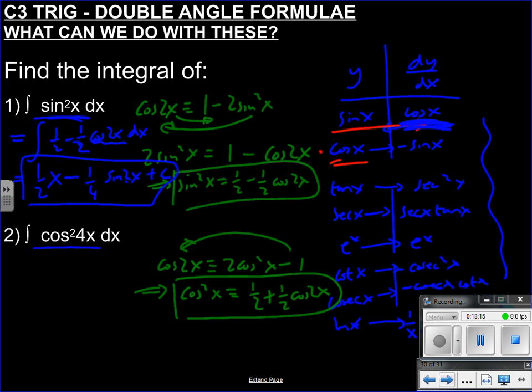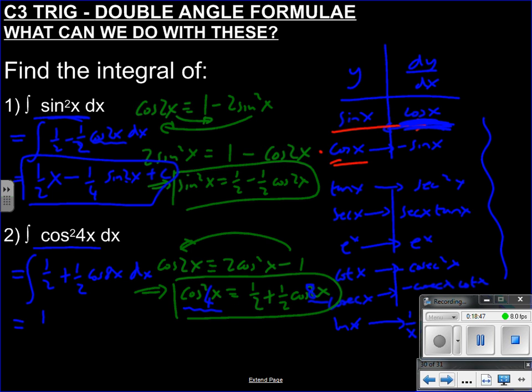Now cos squared 4x again looks horrible, but we know an identity now. Except we haven't got cos squared x, we've got cos squared 4x. So just like before, you can manipulate all of these formulas. So here, I've got cos squared x, but if I put a 4 in there, then this 2x also needs to be times by 4. So this becomes 8x. So I get half plus half cos 8x dx, right?